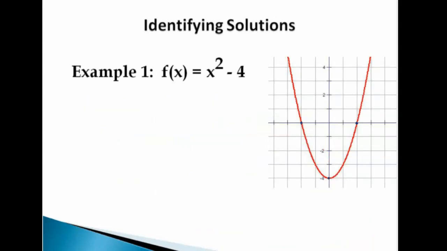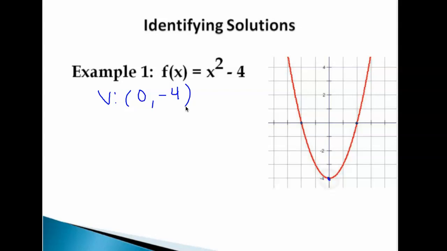Okay, so we have f of x equals x squared minus 4. So this graph is shifted down 4 units. So my vertex is at 0, negative 4. If I were to solve this by graphing, I would make my table of values and plot those points.